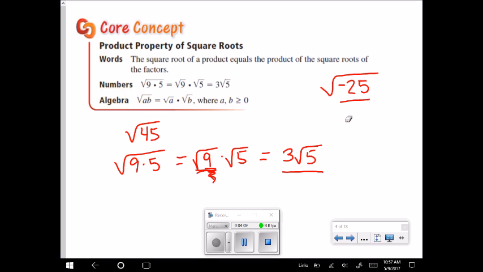If you're thinking 5 times negative 5, well, those aren't the same numbers. Negative 5 times 5, those aren't the same numbers. Negative 5 times negative 5 is just positive 25. So that is why anything under the radical needs to be positive. It's impossible for your radicand to be negative.